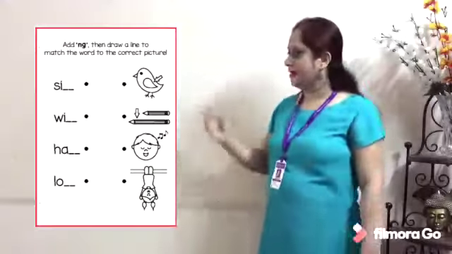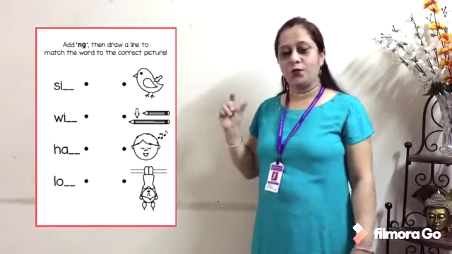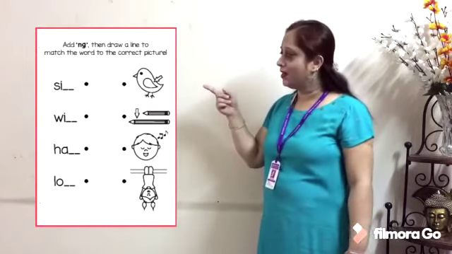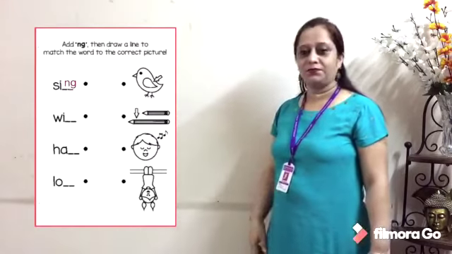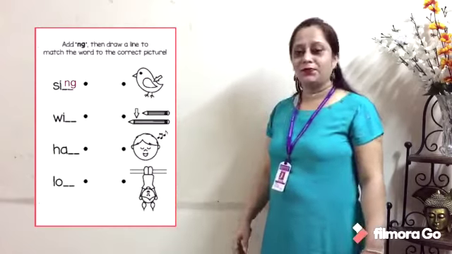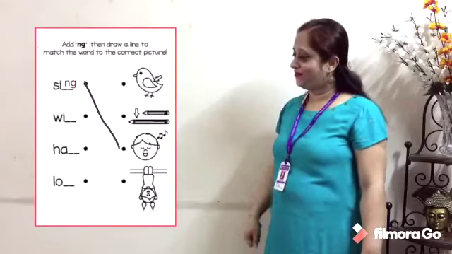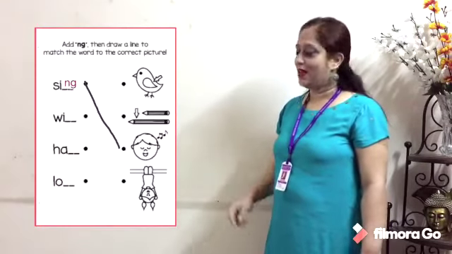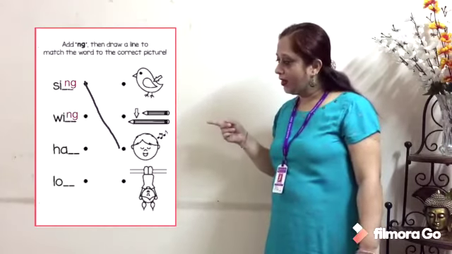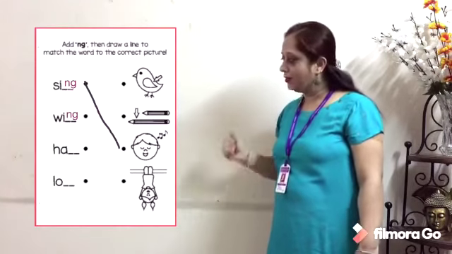The next one, see. You have to add ng to these letters and make a word. First one, you will add ng. Sing. Now match the word with the picture. Now the next one. Wing. You have added ng. Now the word is wing.